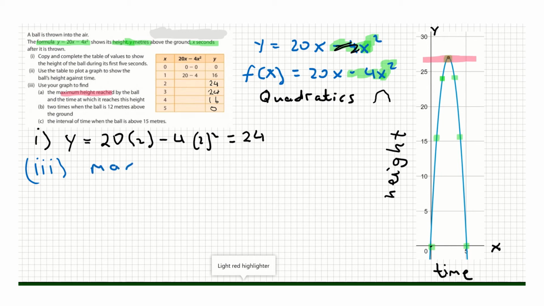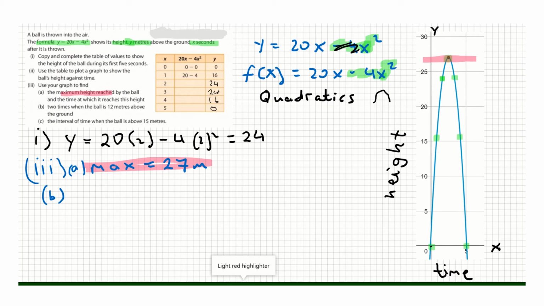Max equals 27 meters. And it's important to mark that on your graph to show where you got your answer. At least if your graph is a little out, they know where the answer came from. Okay, and you get most of the answers, or most of the marks. So that's part A.